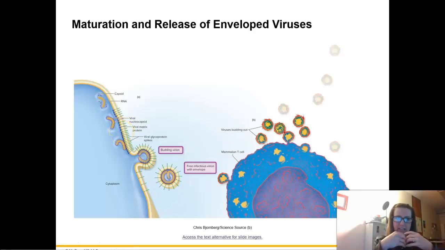And so when it is being released through what we call budding, it's being wrapped around by that membrane with these proteins that are now functioning as the spike. The viral matrix protein functions as the spike. Okay, so we call this budding, and again, this is our mature virus or a virion.